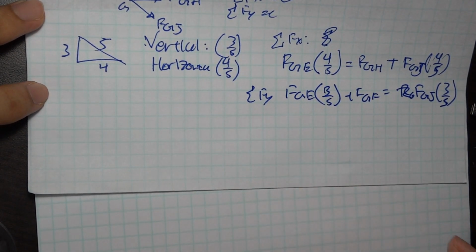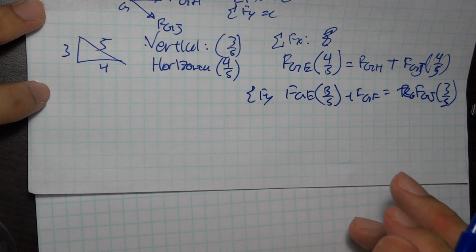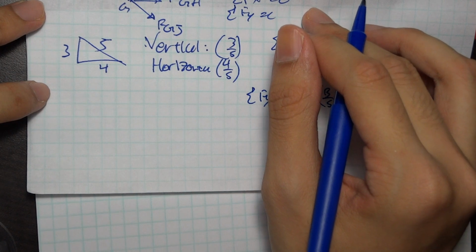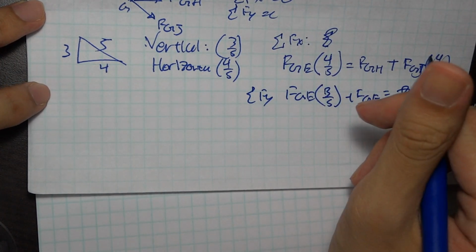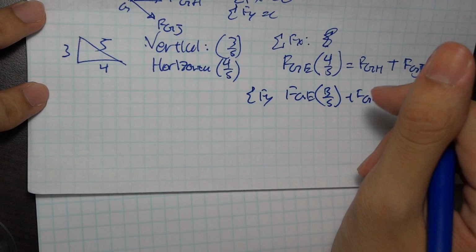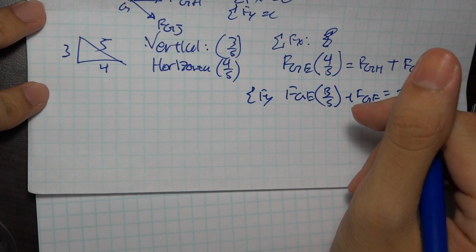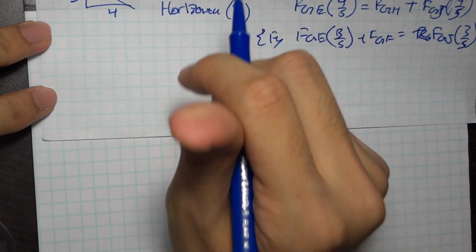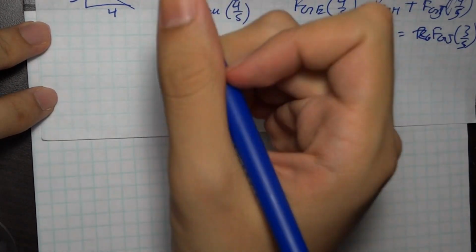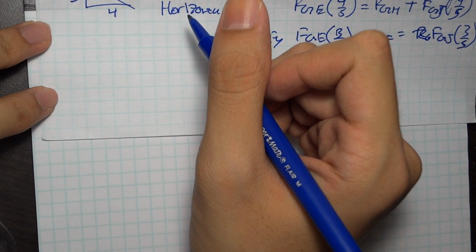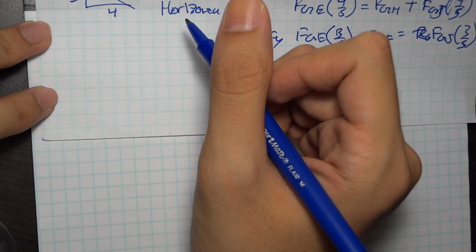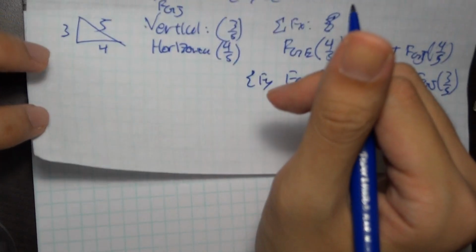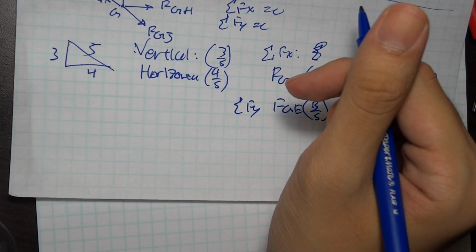You can get 2 equations from this, so you usually only want to work with joints that have 2 unknowns. Normally, if you wanted to use method of joints, you would have to find the reactions first, and then work from there, starting somewhere where you only have 2 unknowns.